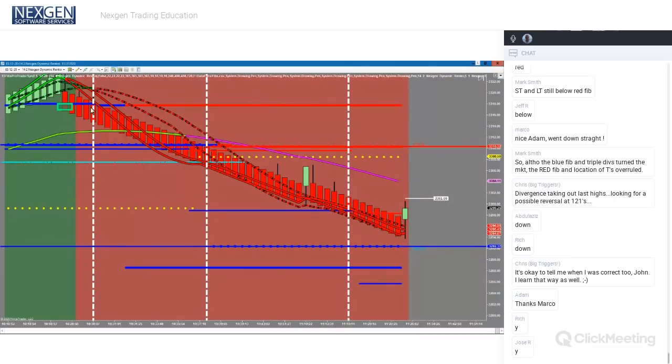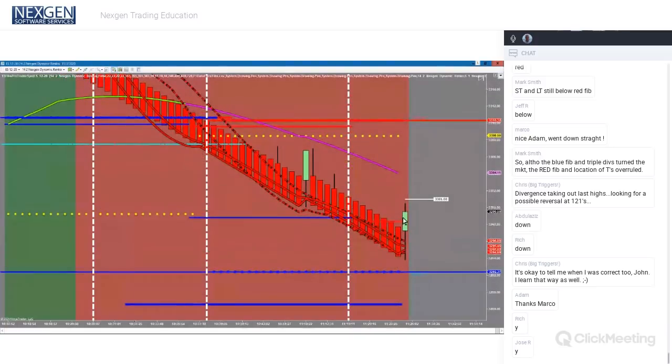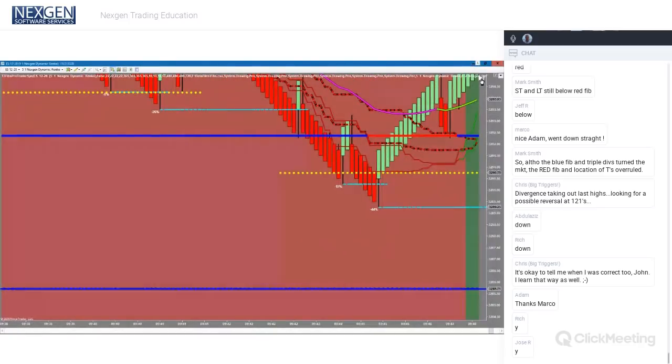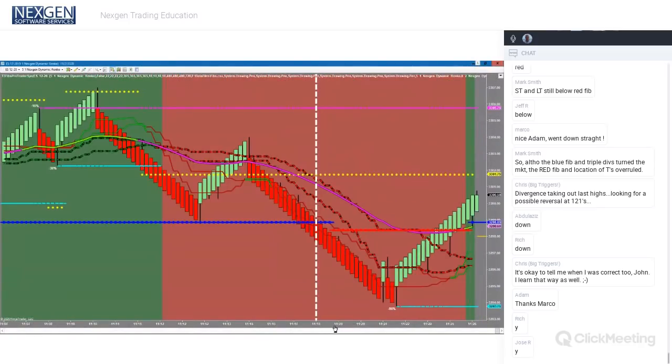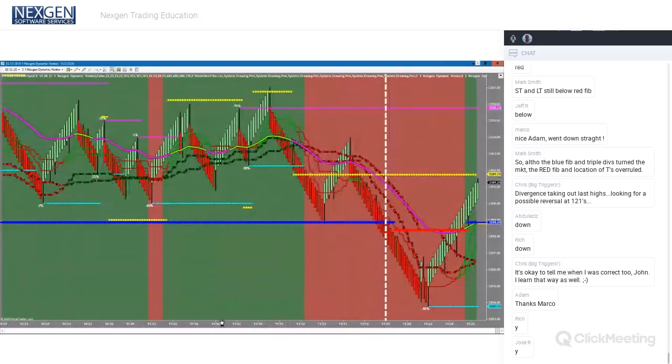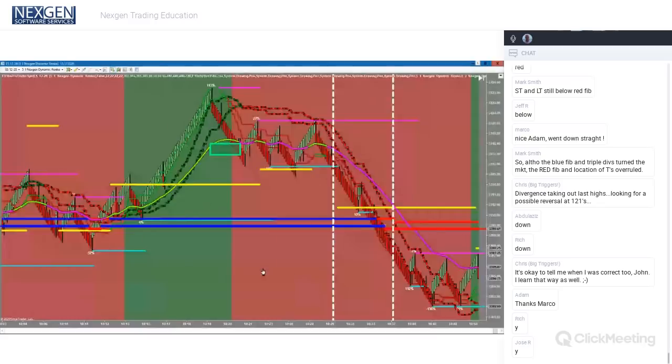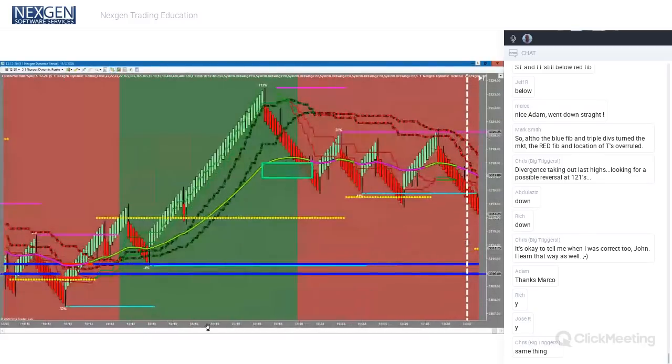So it's shorts or nothing, shorts or nothing. And now this is where you have to go to your small chart and say what's going on. So let's take a look at short rules and see if anything sticks out to us.